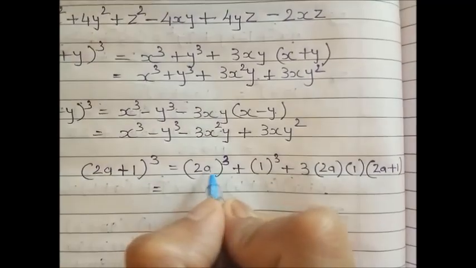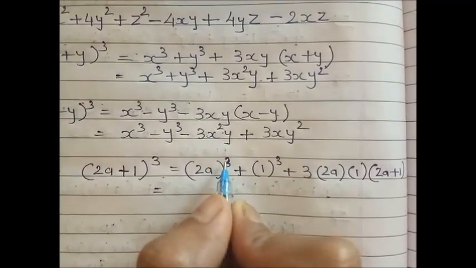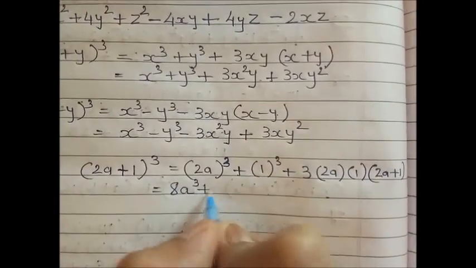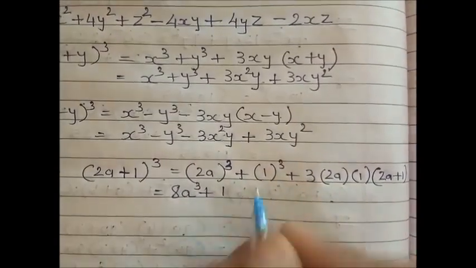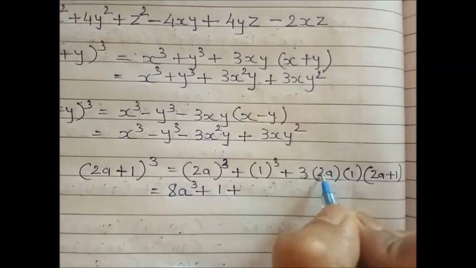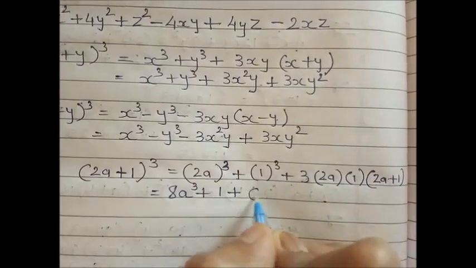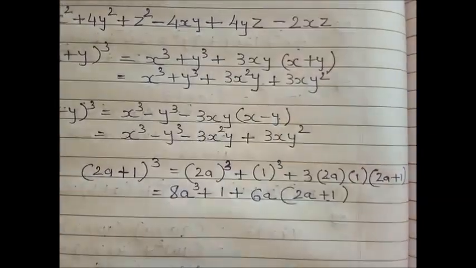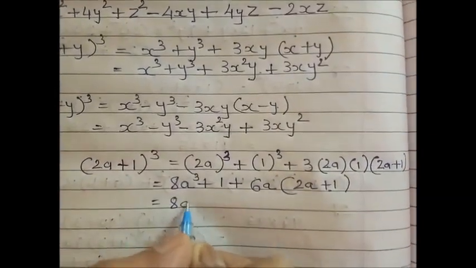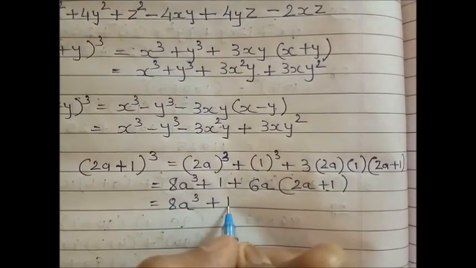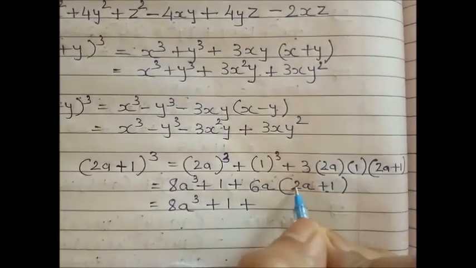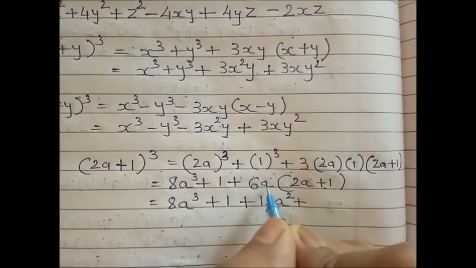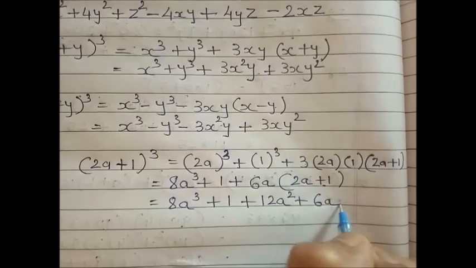Now (2a) cube, that is 2 cube, that is 8, a cube, plus 1 cube, that is 1, plus 3 into 2 into 1, that is 6a, into bracket (2a plus 1) as it is. Now next, 8a cube plus 1 plus 6a into 2a, that is 12a square, plus 6a into 1, that is 6a.